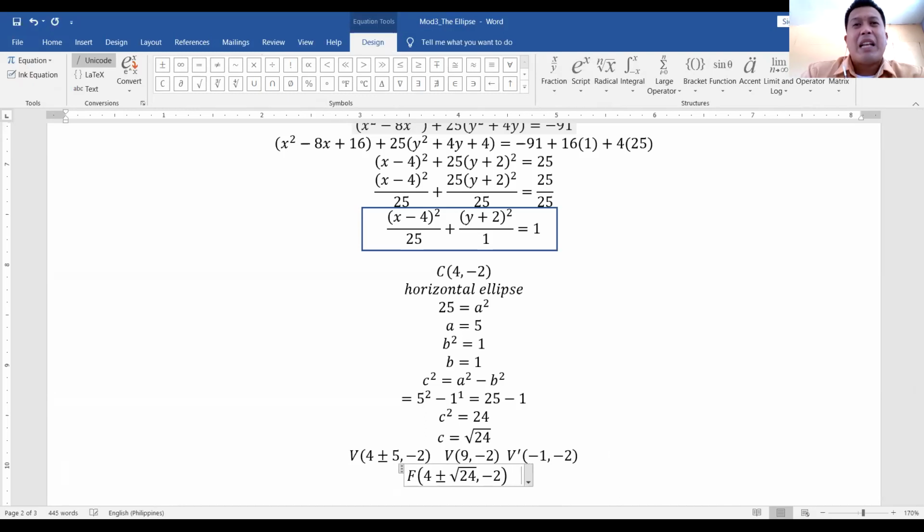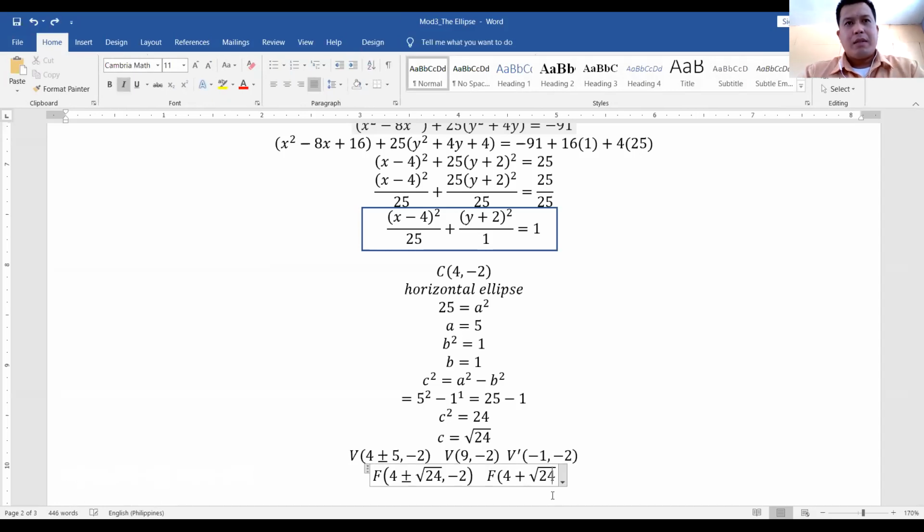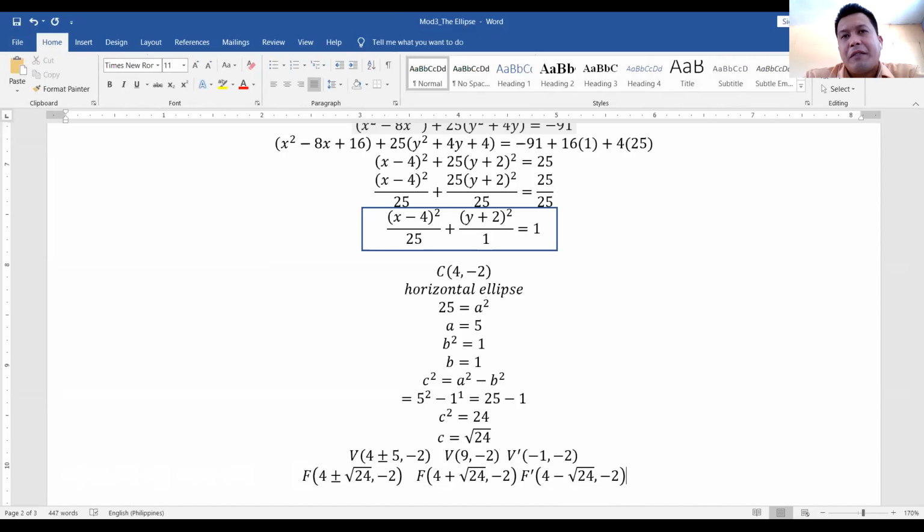If you wish to expand the values into individual coordinates, you can have focus equals 4 plus the square root of 24 and negative 2. And then the other value would be focus prime, equal to 4 minus the square root of 24 and negative 2. So probably that will be the end result of your coordinates for the focus.